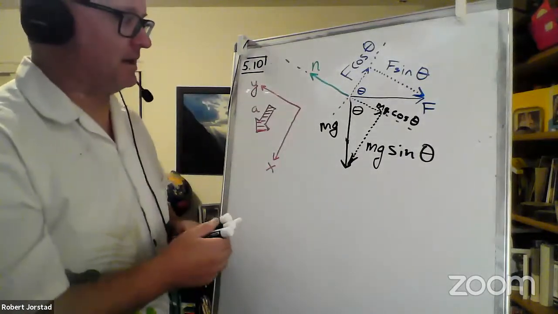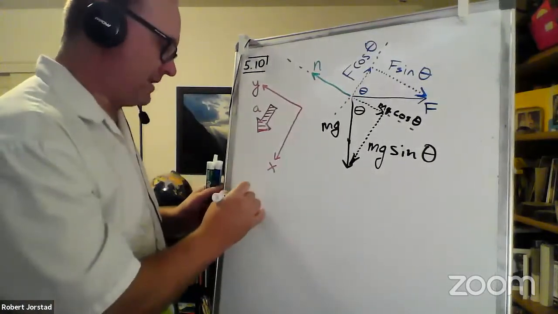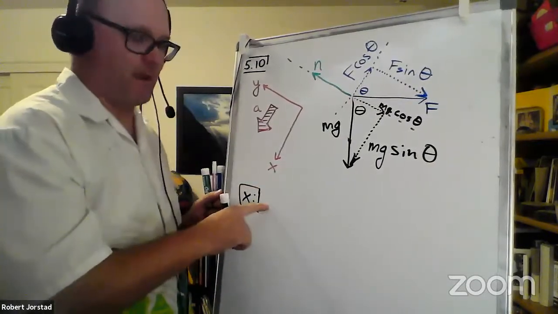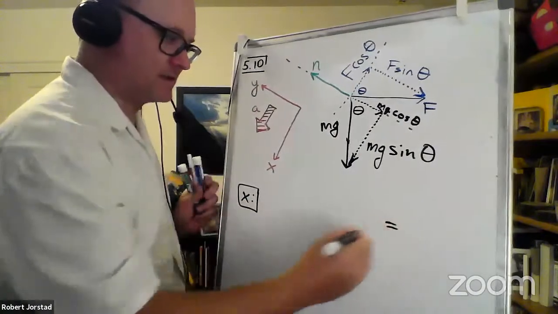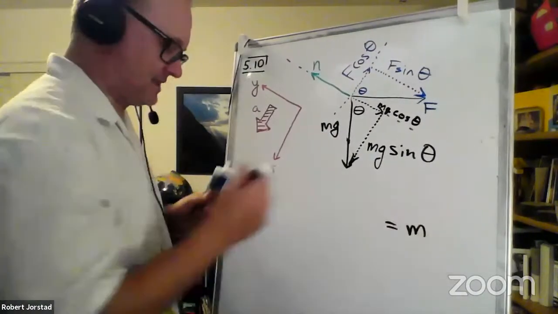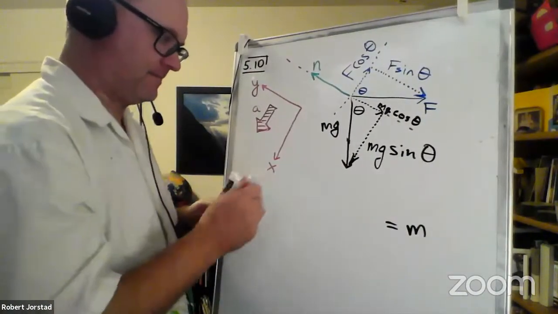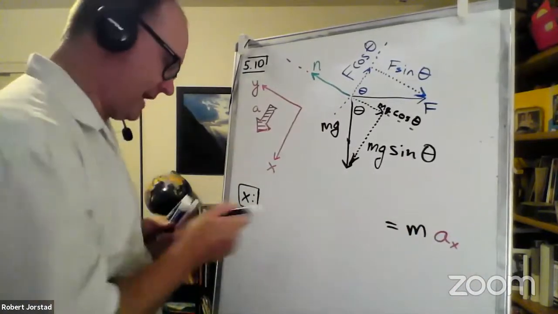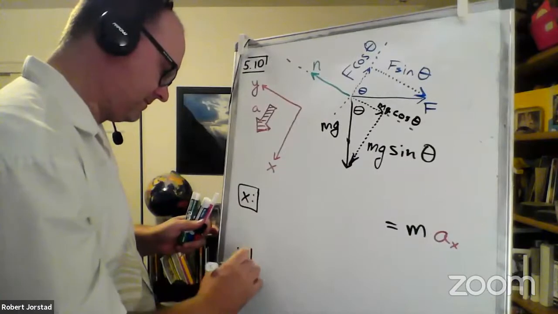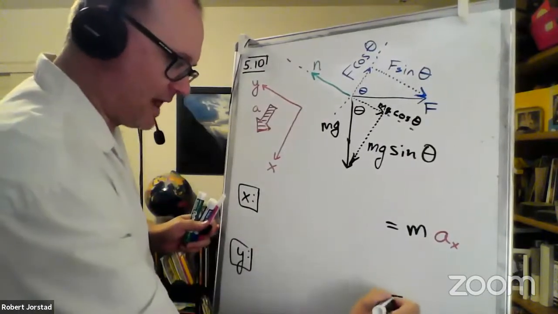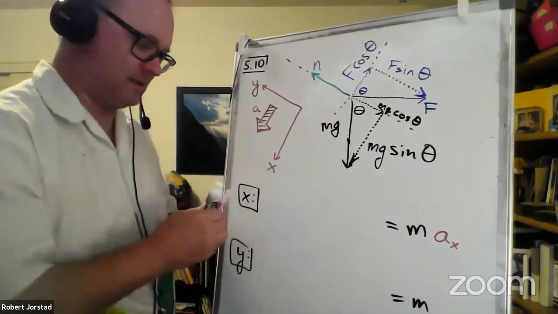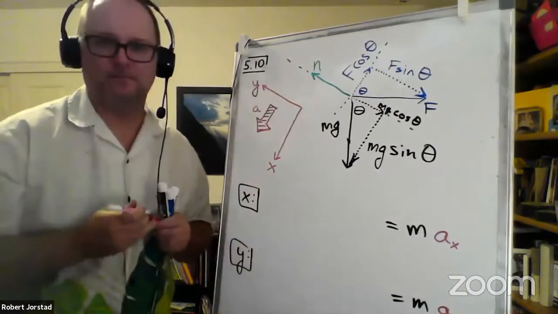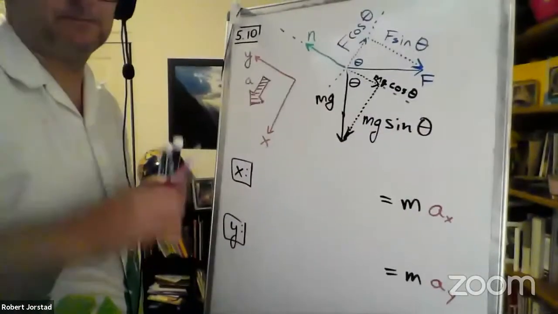All right. So now I'm going to do the forces in the X. So remember, sum of forces equals mass times acceleration in the X. And then in the Y direction, it's going to be the sum of forces equals mass times acceleration in the Y. Let me get that down a little bit.